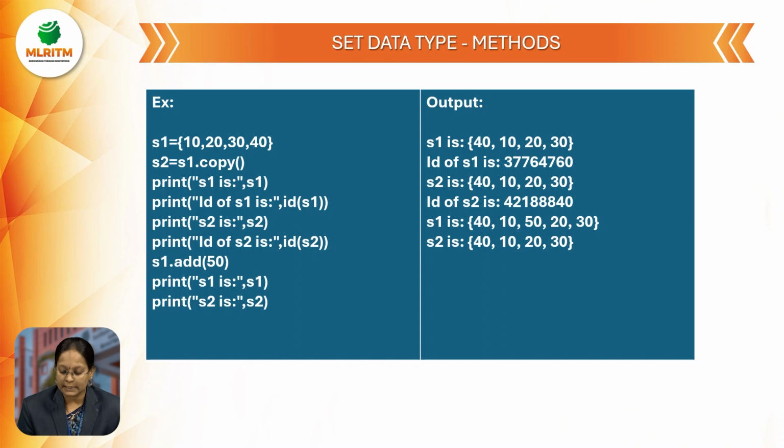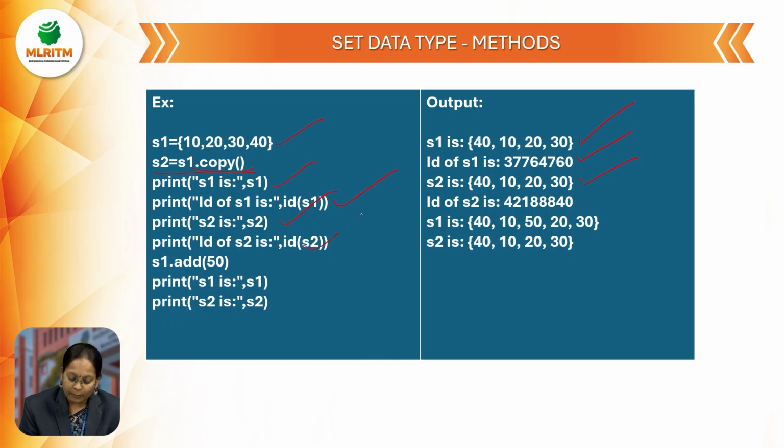This is an example using the copy method. S1 is equal to {10, 20, 30, 40}. Now I am copying all the S1 elements to S2. Then I print S1, and I print the ID of S1. Next, printing S2, these are the elements of S2.